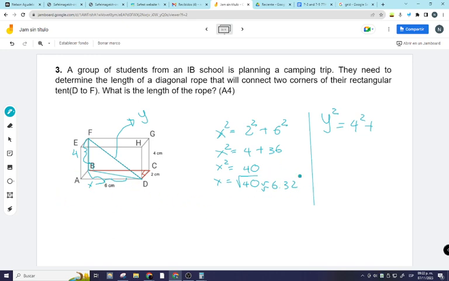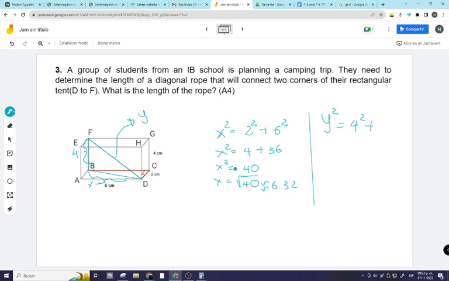This is approximately 6.32, but it is exactly the square root of 40. So remember, if you can have or write the exact value, use it. It will give you a closer result in the end.